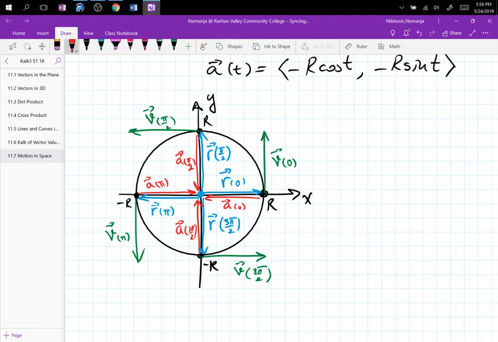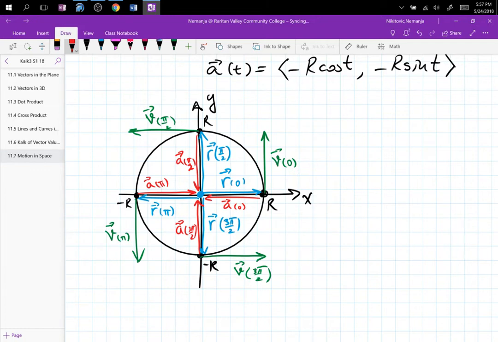All right, what else do I have? And now we're going to do parabolic motion. Now, all of the formulas you learned in physics will stay the same. We are just going to put them in vectors.